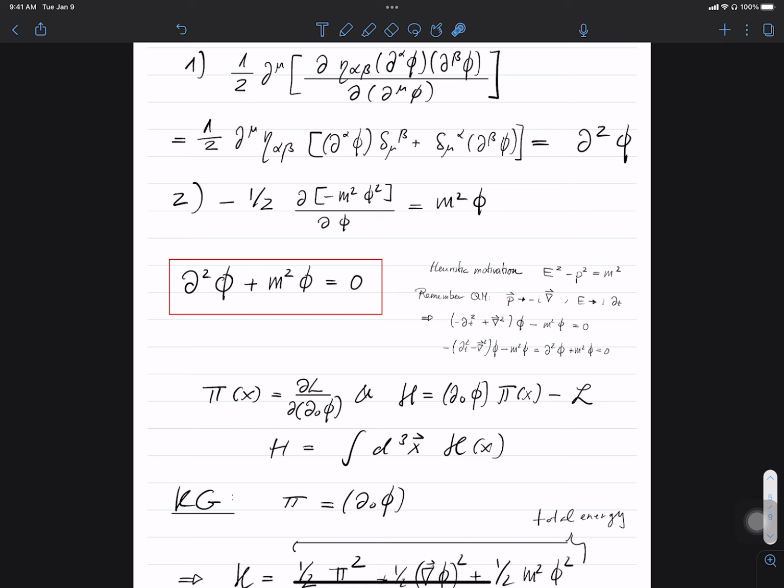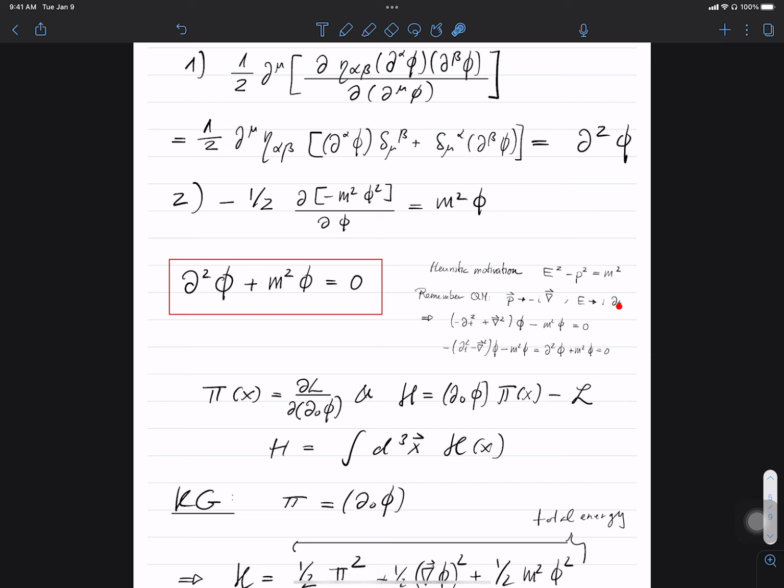It's actually interesting if we remember the quantization prescriptions, where we have taken the momentum and energy operators to just be derivatives. This is to make a connection to quantum mechanics, and we will discuss this in more detail later.